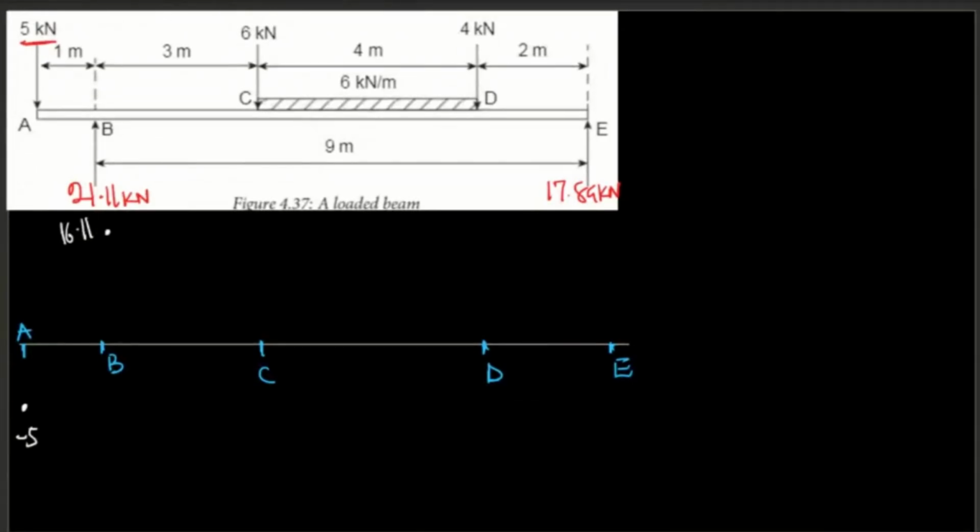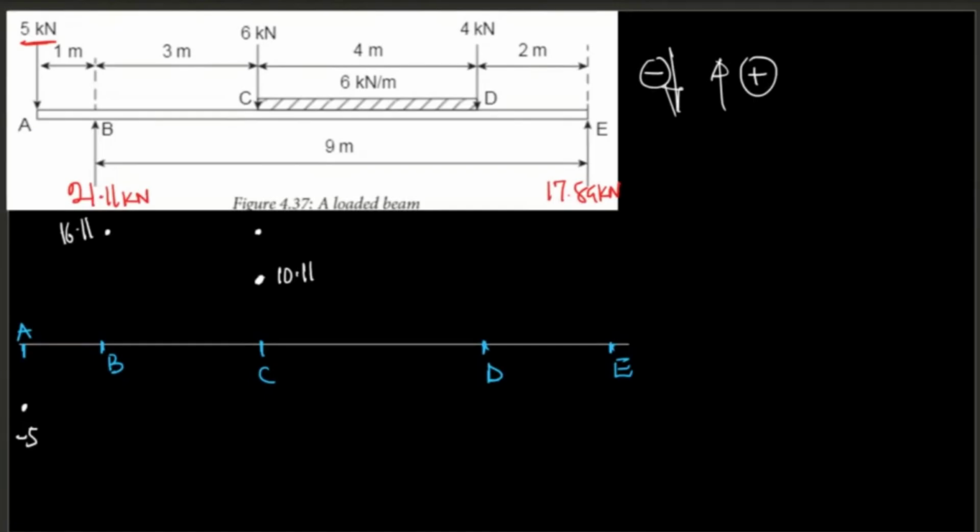Between B and C is a horizontal line, but at C here, the force is going to be affected at this point. We have 6 kilonewton pointing down. Don't forget the sign convention. This is positive and this is negative. So it's going to be -6 plus 16.11, which gives us 10.11. So we're going to have 10.11 at this point here.